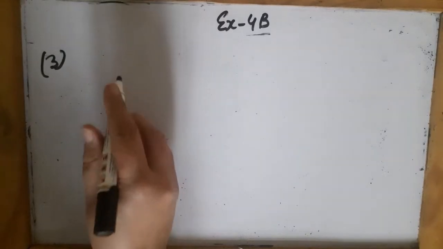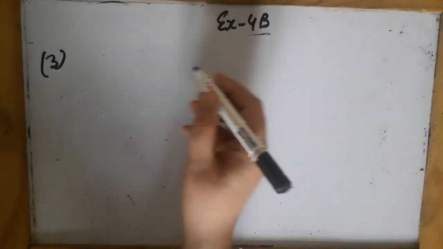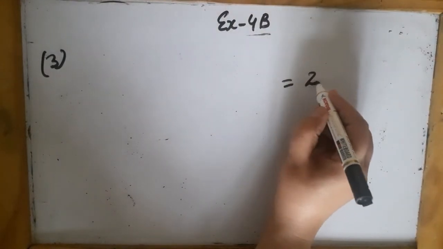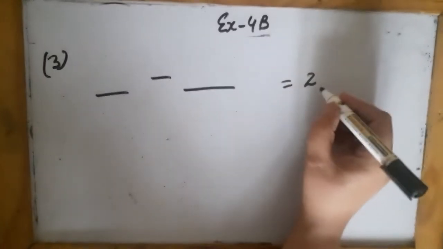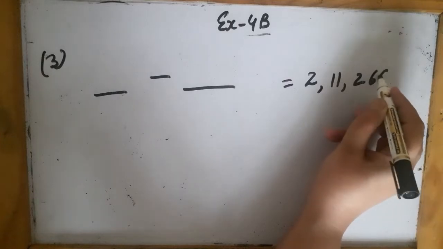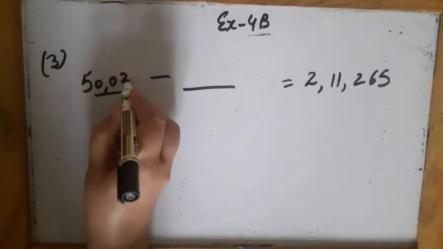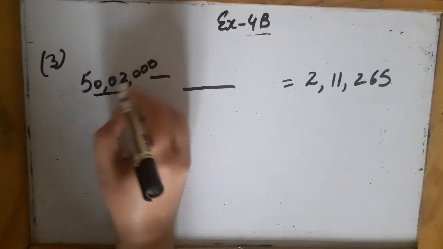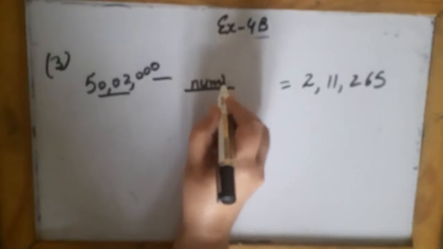Okay, now come to the question. They are saying the difference of two numbers is this. So difference is this, means when I subtract two numbers, the answer that I get is this. The bigger number is this, means the minuend is this, and I have to find the shorter number.